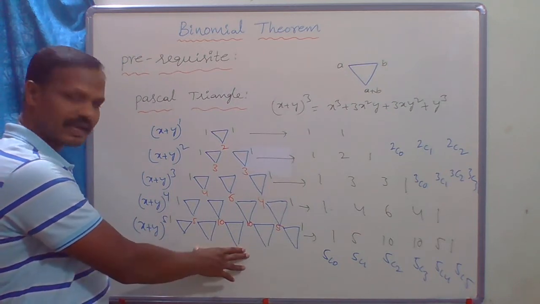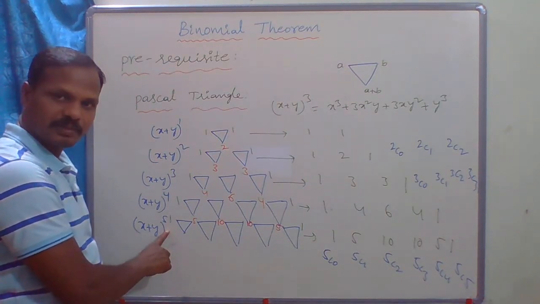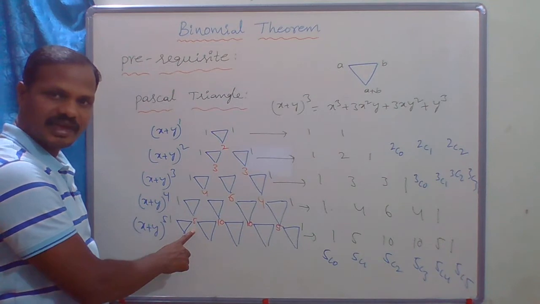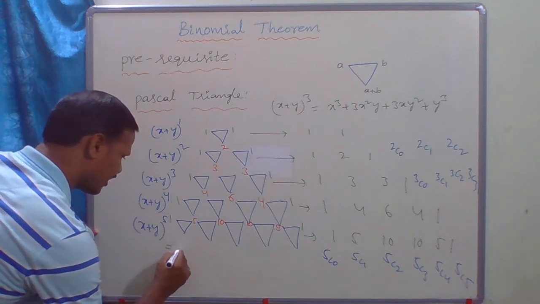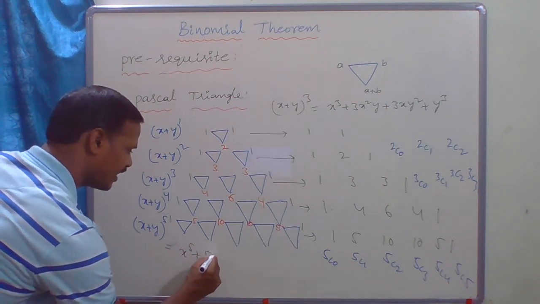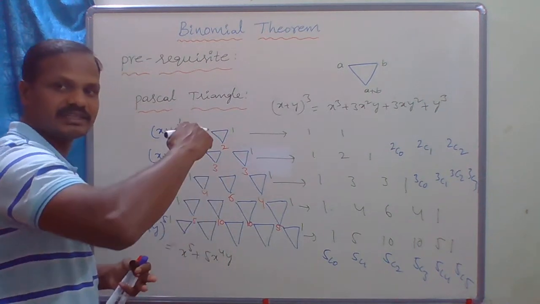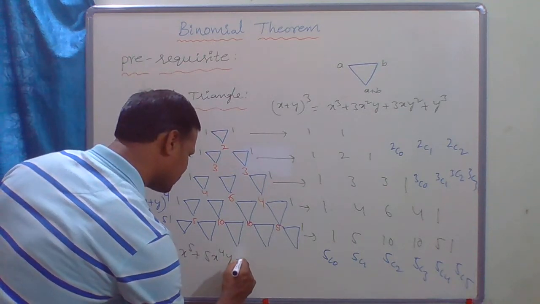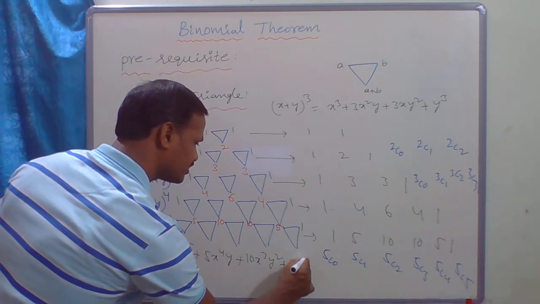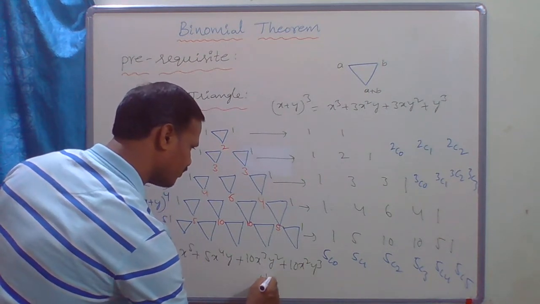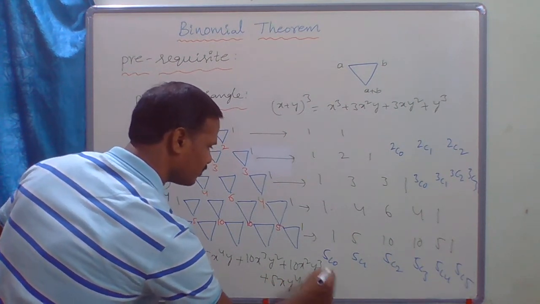Using Pascal triangle 1, 5, 10, 10, 5, 1, this is x power 5 plus 5 x power 4 into y, because x will decrease and y will increase by 1, plus 10 x cube y square plus 10 x square y cube plus 5 x y power 4 plus y power 5.